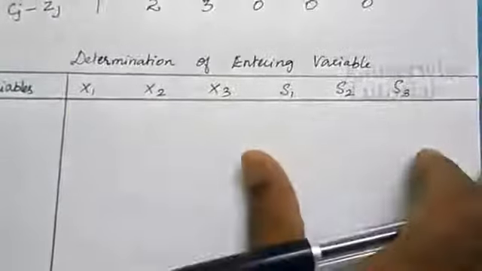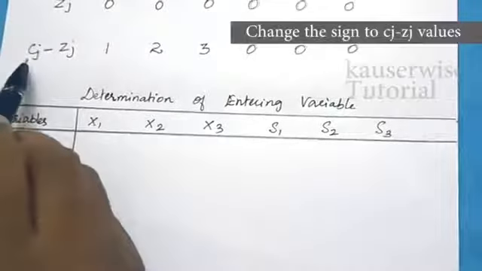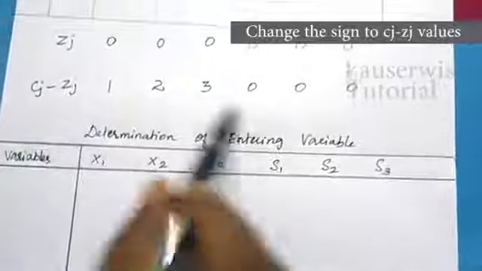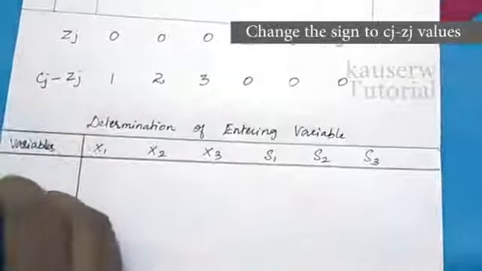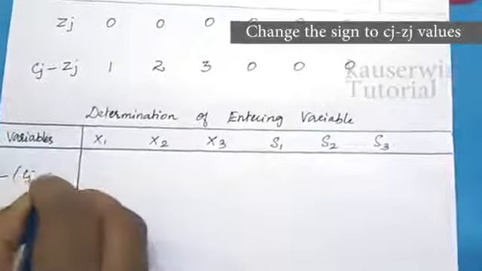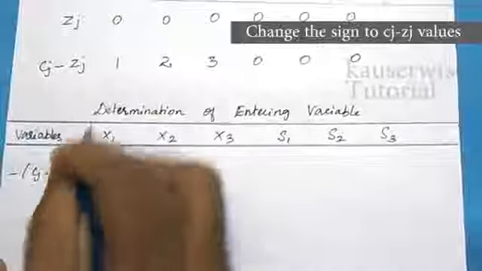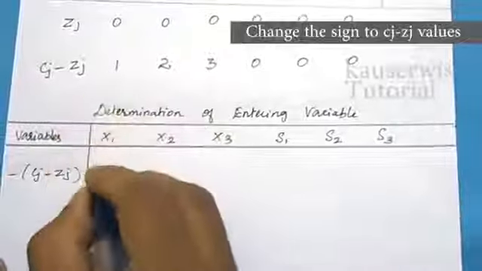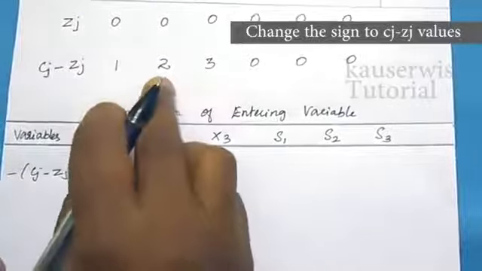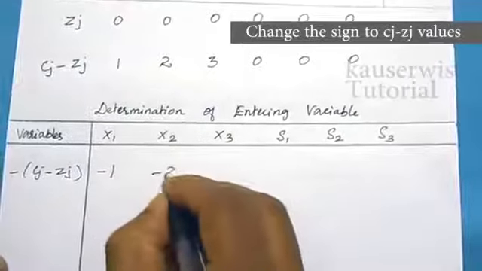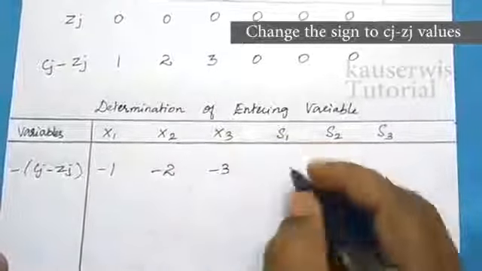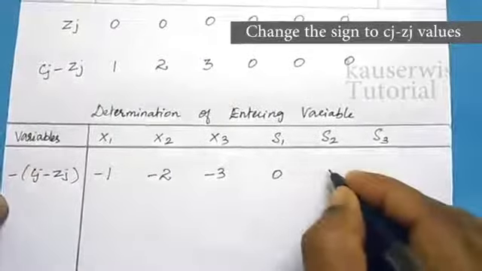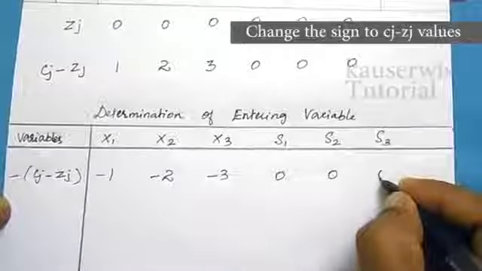First step: take the Cj minus Zj values and change the sign. Here we have got positive values, so take minus 1 for X1, minus 2 for X2, minus 3 for X3, and 0 for S1, S2 and S3.